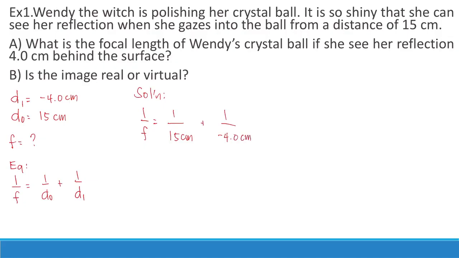We need to get the LCD or the least common denominator for 15 and 4. 1 over f is equal to 60 centimeters: 60 divided by 15 is 4, plus 60 divided by negative 4 is negative 15. So we have 1 over f is equal to negative 11 divided by 60 centimeters.